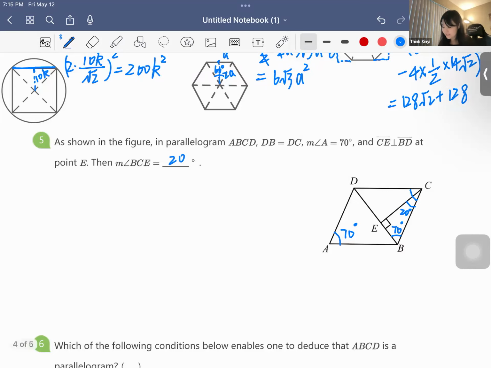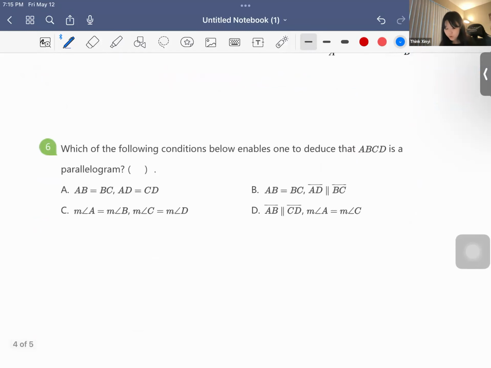And let's see another question. Which of the following conditions enables one to deduce that ABCD is a parallelogram? This one is also easy. How can we prove that? Choice D. There are several ways that we can prove it is a parallelogram.